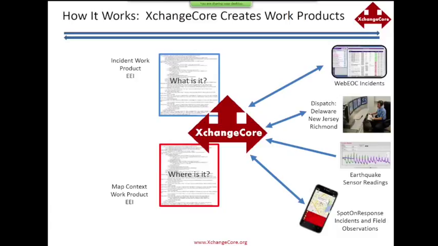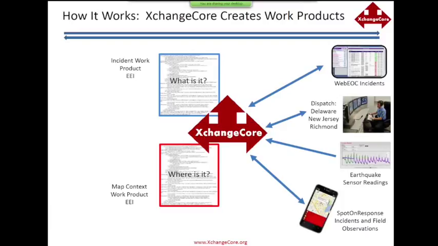The map context product is built around the Open Geospatial Consortium standard for describing map layers. So what we have is the marriage of two different standards, one focused on incident management, one focused on geospatial. Those two are both incorporated inside of XchangeCore. And when one of those incidents from the right-hand side hits XchangeCore, both of those things are created and associated.